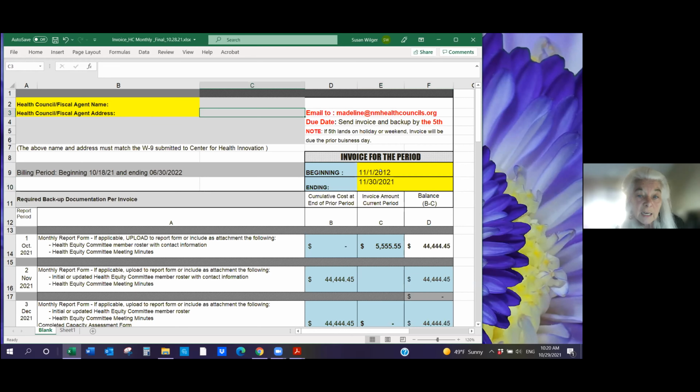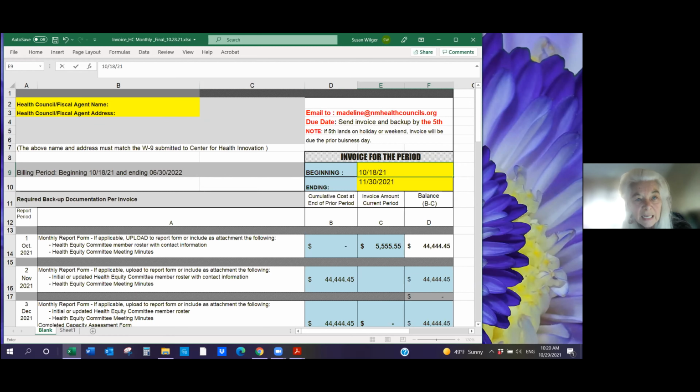If you don't yet have a contract and you're going to be reporting for 2 months on December 3rd, you would put the beginning date, because everybody's contract dates start October 18th. The start date of the contract is always going to be the 18th.